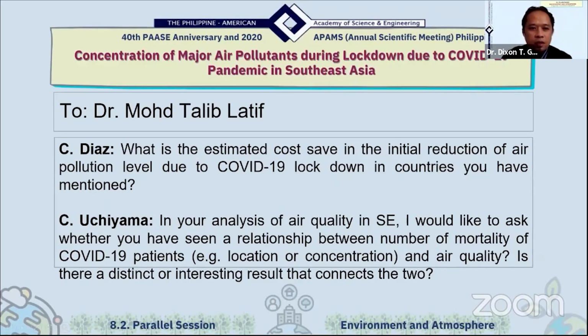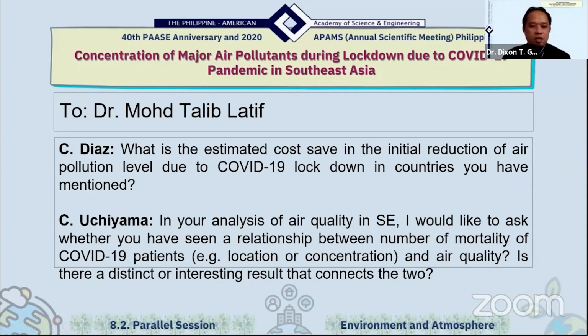All right, here is a question for Professor Dr. Latif from Dr. Diaz. What is the estimated cost saved in the initial reduction of air pollution level due to the COVID-19 lockdown in your country?